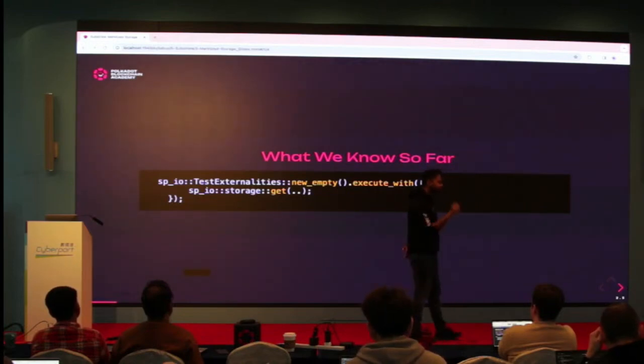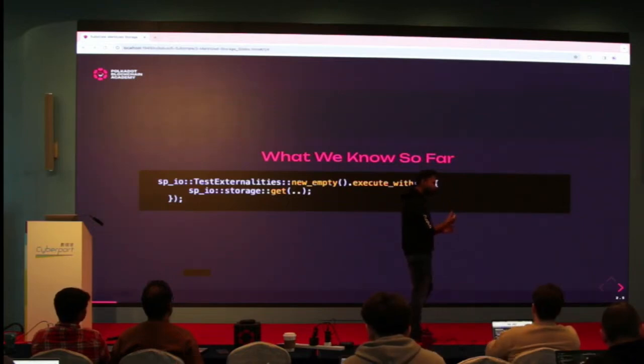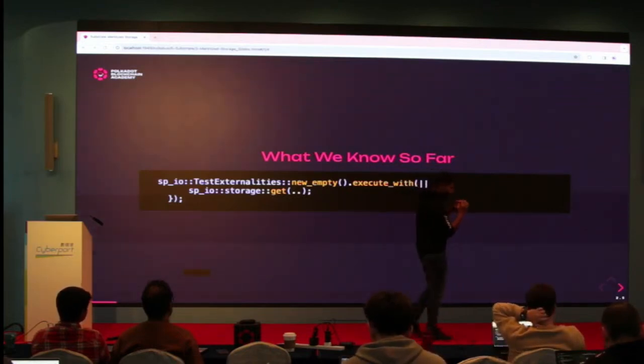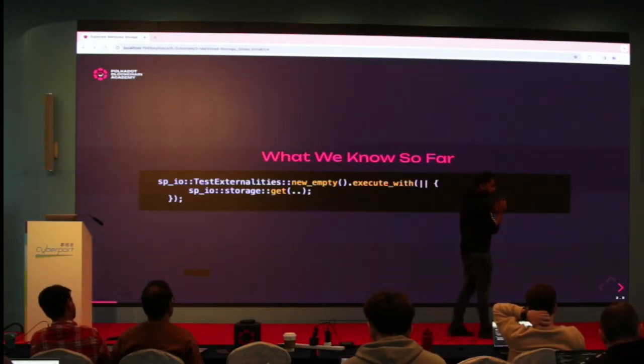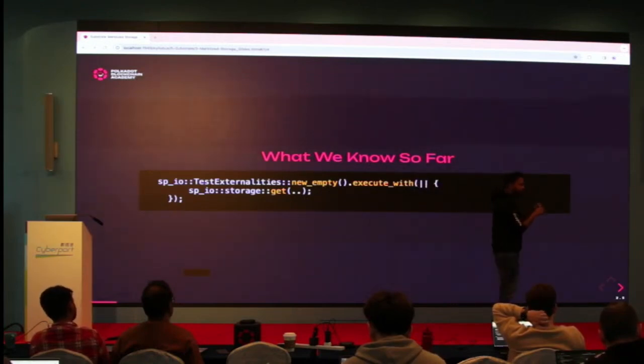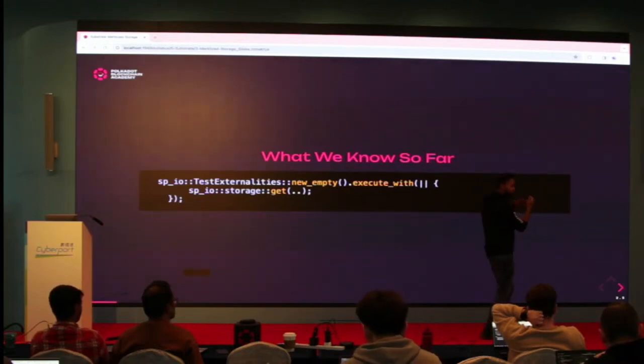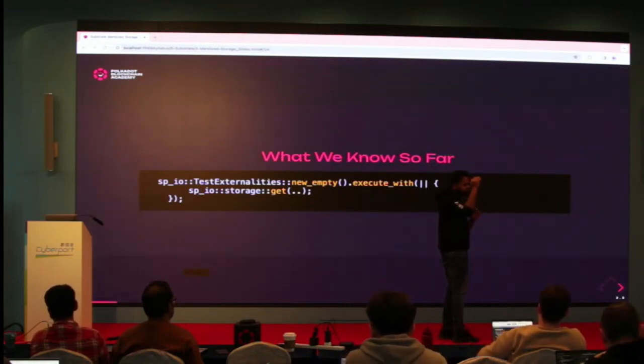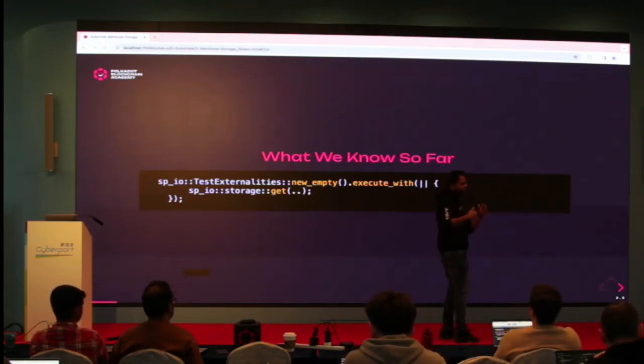Externalities is a trait in Rust. There is externalities even in the real chain: your node has its own implementation. For your tests, there is test externalities, which is another implementation, an in-memory database, mimicking a database for your tests.